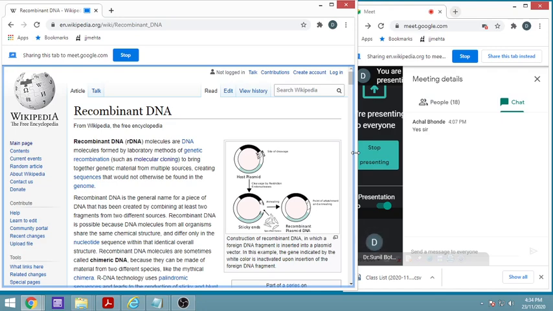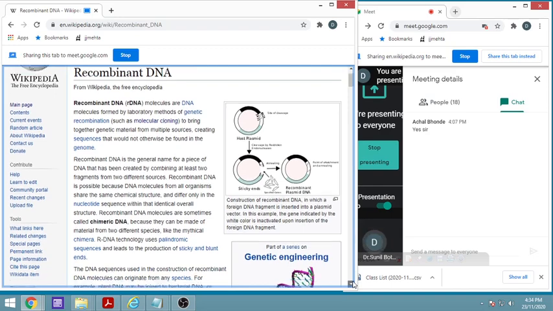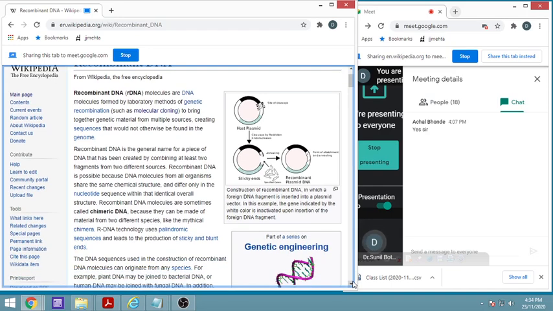Recombinant DNA molecules are sometimes also called chimeric, because they can be made of material from two different species.